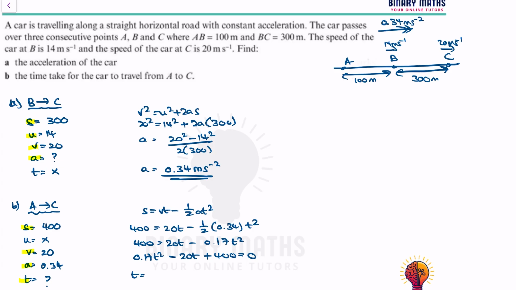Using the quadratic formula, minus b is 20 plus or minus the square root of 20 squared minus 4 times 0.17 times 400, all over 2 times a, which is 2 times 0.17. We get t is equal to 92.09914 and t is equal to 25.5479.